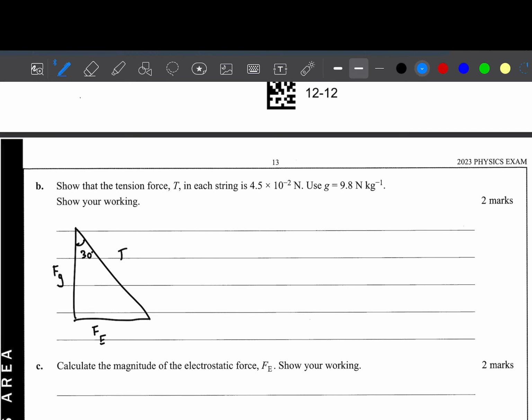We are asked to show the tension. We know our gravitational force, since we are given the mass, so we can easily calculate that. So cosine of 30 equals Fg divided by tension, meaning that tension is going to be Fg over cosine of 30.